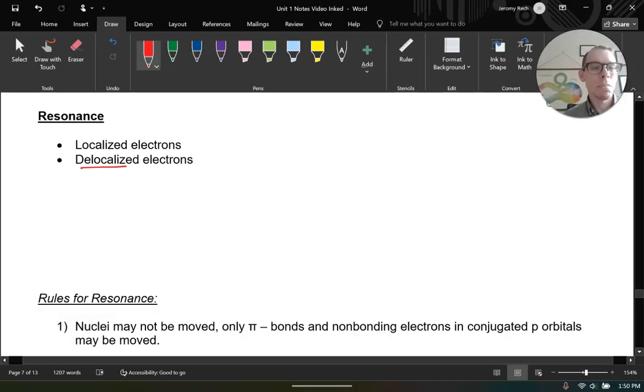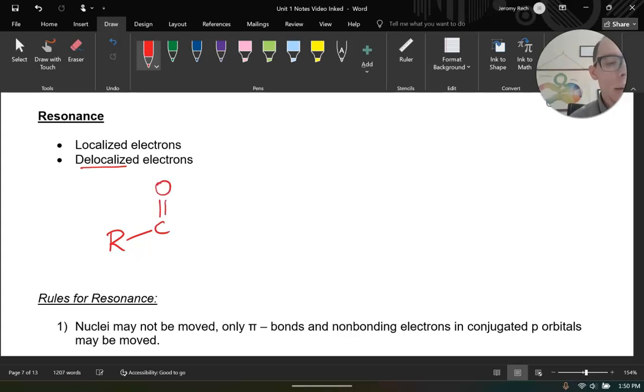One of the simplest examples of resonance is with a deprotonated carboxylic acid. If we look at this structure here, you could go through and calculate your formal charge. This is actually the same structure that we showed when we were calculating formal charges, and we know that there's a minus on that oxygen.